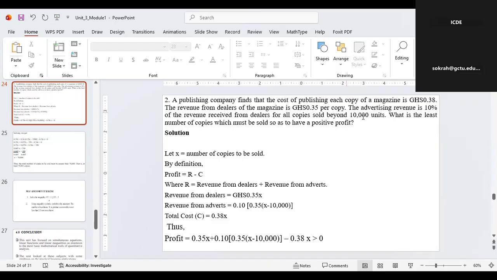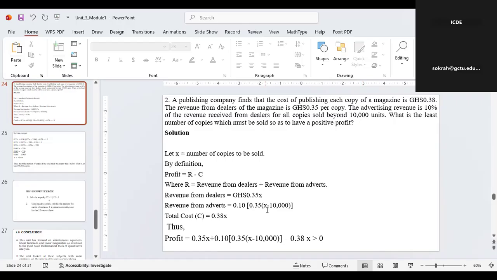Sold beyond 10,000. So if you sell exactly 10,000, that 10% revenue will not come. But if you sell beyond 10,000, then we subtract that basic 10,000 from whatever quantity you sold before we calculate the 10% on the remaining one for you as part of your revenue.